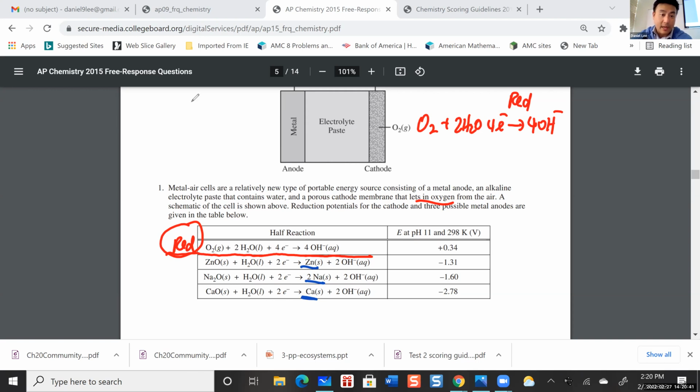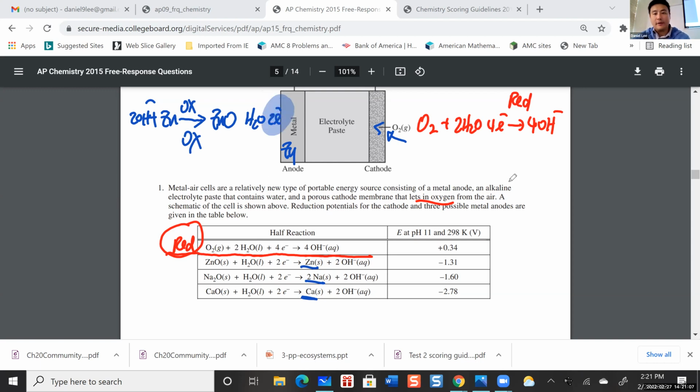If I want a zinc one, then I will write zinc plus 2 OH minus, and that's an oxidation because I flipped it. You'll get zinc oxide, and you're going to get water, and you're going to get 2 electrons. So that will be the oxidation reaction. So I'll be using zinc here, and oxygen is let in from the air. So this is my redox reaction. Do you see I have electron transfer here? How many electrons are transferred?